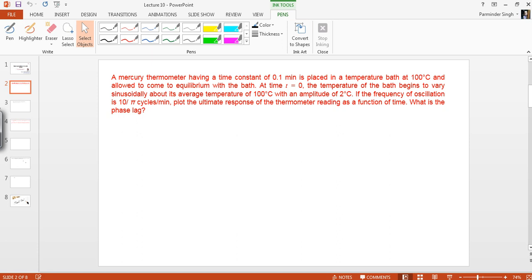Now the question is related to the mercury thermometer, so let's find the solution. We know a mercury thermometer has the transfer function Y(s) upon X(s) as 1 upon tau s plus 1.